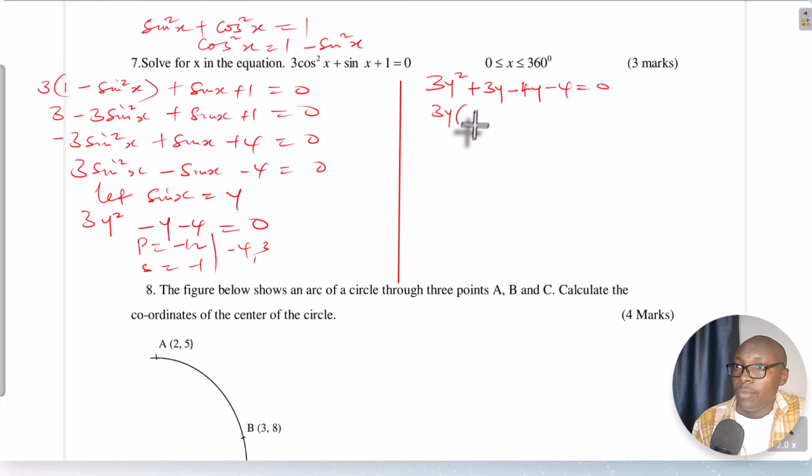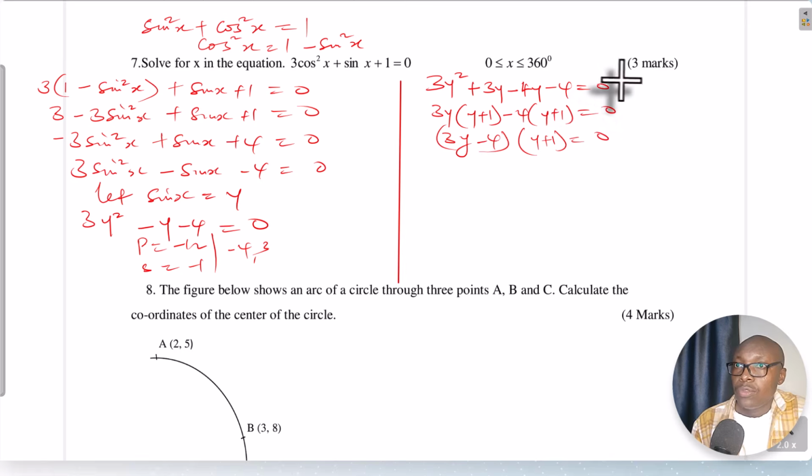So 3y times (y plus 1) minus 4 times (y plus 1) is equal to 0. I think that one is okay. So this gives (3y minus 4) multiplied by (y plus 1) is equal to 0.